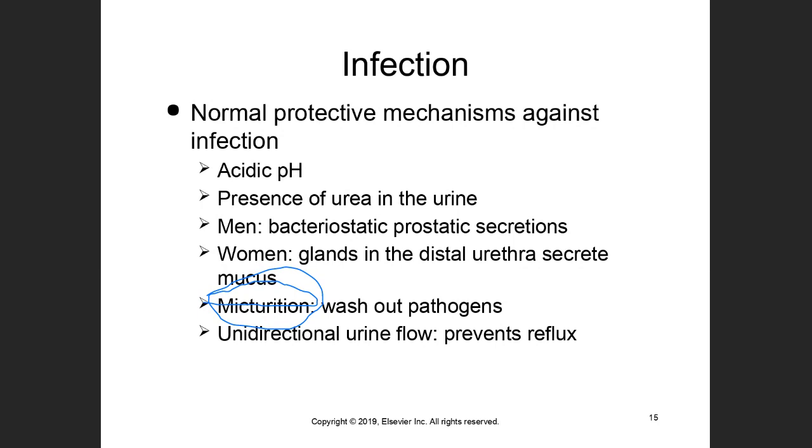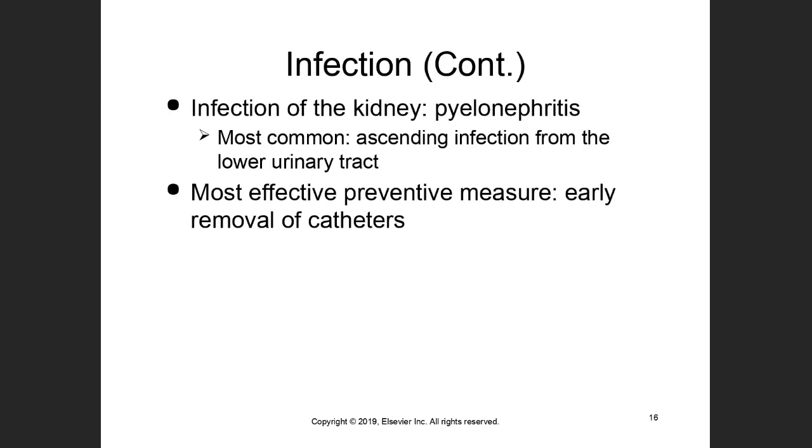Unidirectional urine flow is important because sometimes we have anatomical abnormalities like reflux. Reflux means that the urine goes back, and that produces chronic infections. Infection of the kidney is pyelonephritis, most commonly an ascending infection from the lower urinary tract.